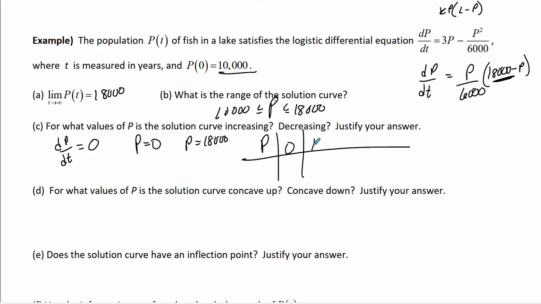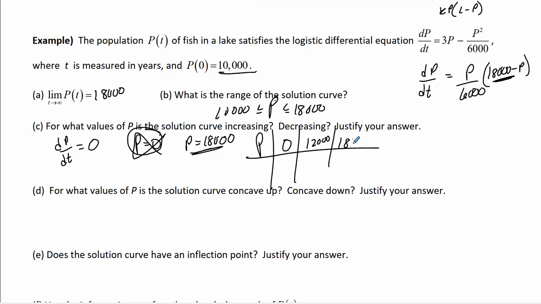18,000 would be, actually, no, we don't want to use any of that, do we? 0 is not in anything, so that doesn't even matter. The only ones we care about are 10,000 and 18,000. So hopefully we can see that this is going to be increasing. If you wanted to make your table, let's plug in 0, might as well, it doesn't really matter. And then I'm going to choose like 12,000, and then 18,000.